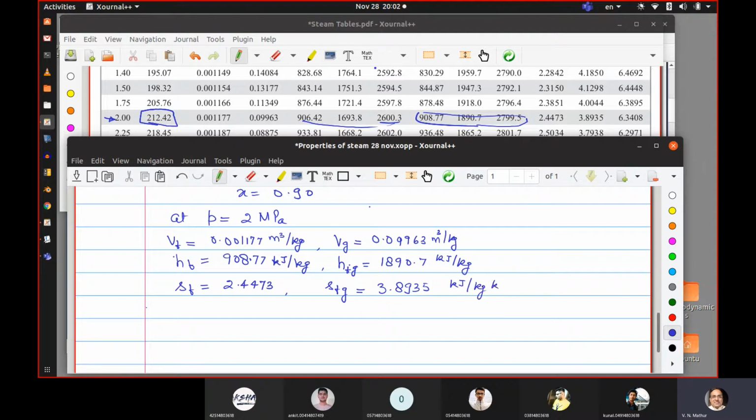So we'll use our standard formula for wet steam, which is volume is equal to volume of the fluid plus X times VFG. Similarly, enthalpy is equal to enthalpy of fluid plus X times HFG, and entropy S is equal to entropy of the fluid plus change in entropy multiplied by the dryness fraction. So X into HFG.